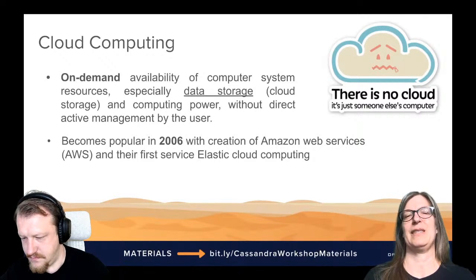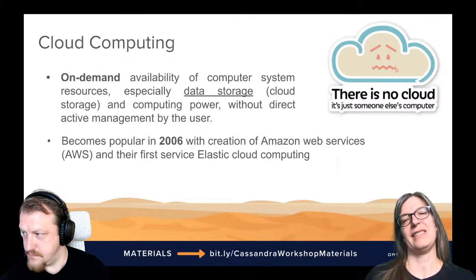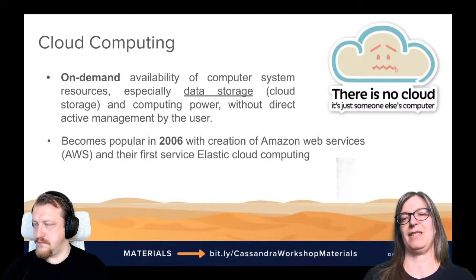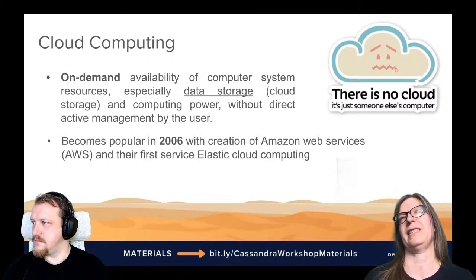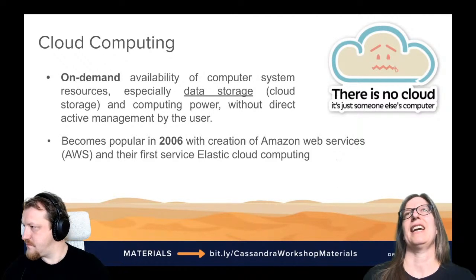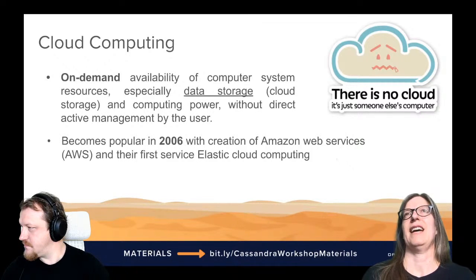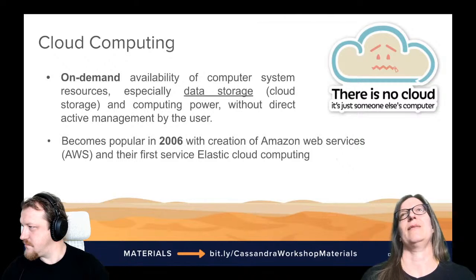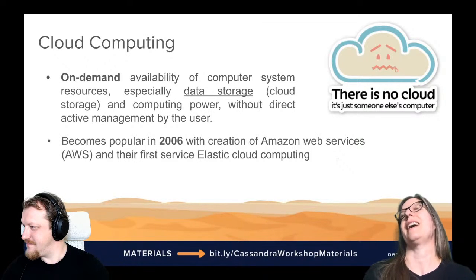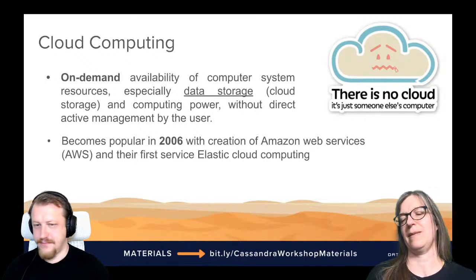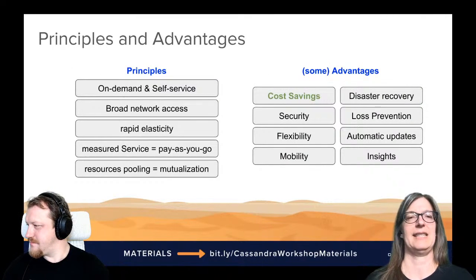It was first created by Amazon and it has become famous as Amazon Web Services with their first Elastic Compute Cloud. And now we have several players, and the biggest are Amazon and Microsoft with Azure and Google Cloud Platform, and these are the three that we go into more details. There are others, and I'm sure there will be others in the future because this is really a growing marketplace.